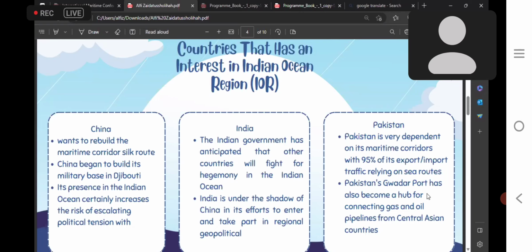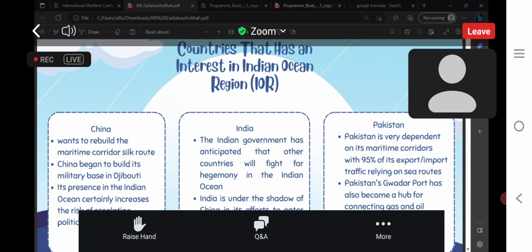Meanwhile, 100% of the supplied traffic for oil, fuel, and processed agricultural products is sent by sea in the Arabian Sea. Thus, China's presence in building a new maritime corridor Silk Route is certainly welcomed by Pakistan because it has guaranteed the continuity of its maritime activities without worrying about the threats of the Indian Navy.